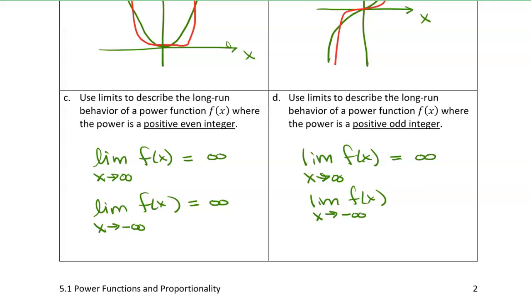Now this time, the value of the function is going more and more negative. So we say that the limit is negative infinity. Okay, this is supposed to be an 8. Sometimes my infinities look like a double zero, but it's supposed to be a sideways 8. That's the symbol for infinity.